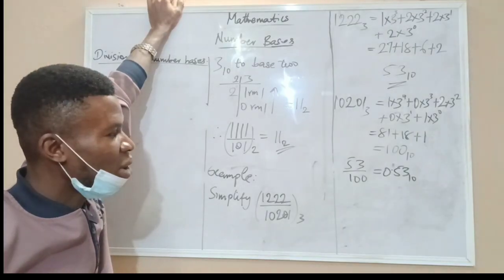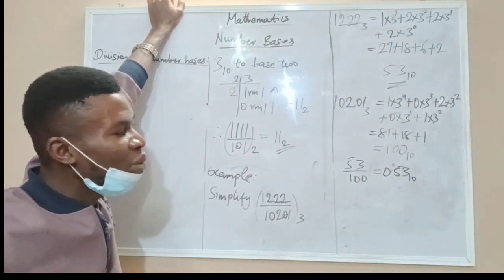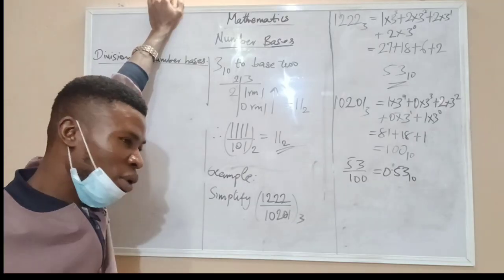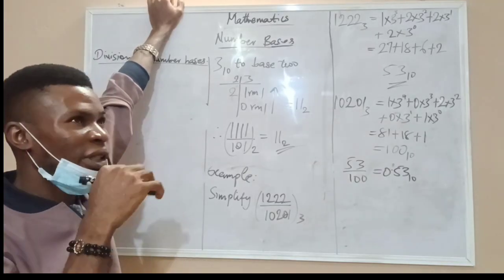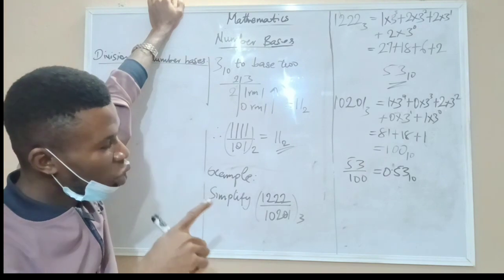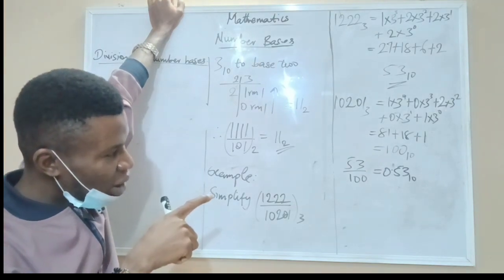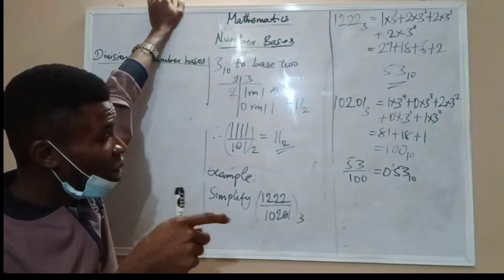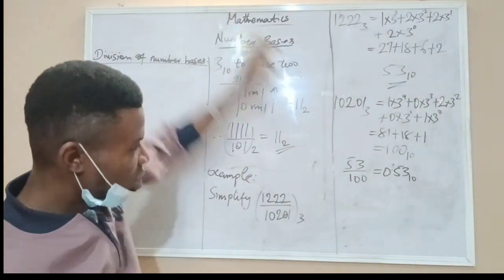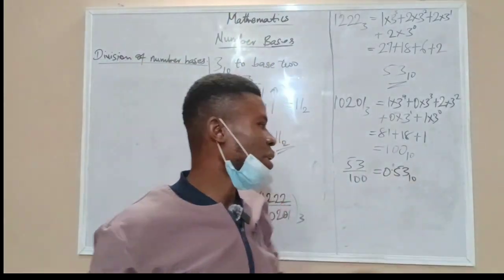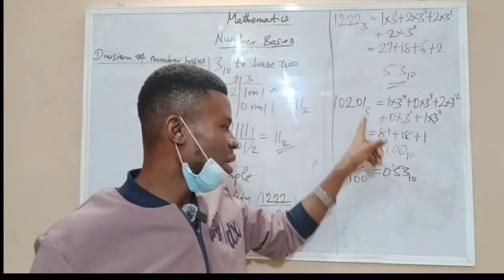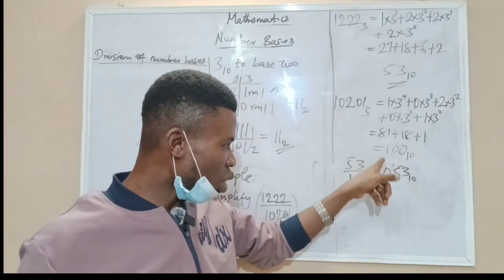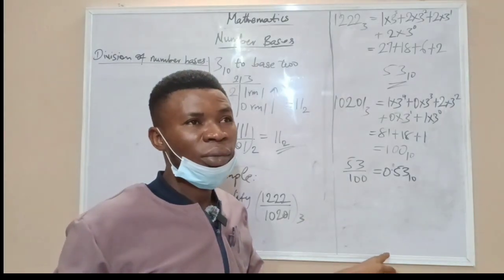The first one is you divide that base 10 with the base you are converting to, and at the end you take the values of the remainder from the last to the first, or you multiply the number with the base you are converting to, and then the remainders, especially when it is in this decimal point, the remainders you take from this side is considered the remainder. Then you take it from up to bottom.